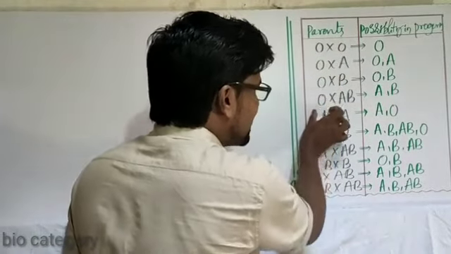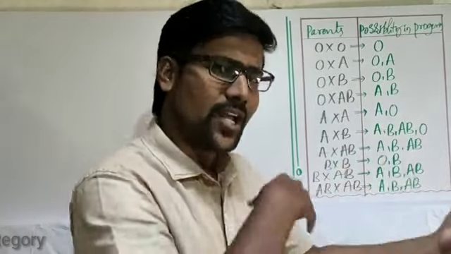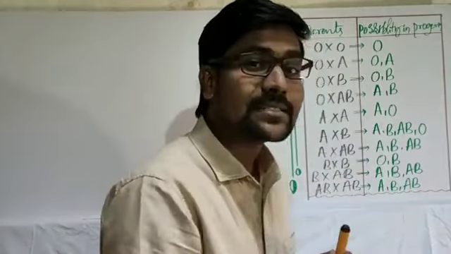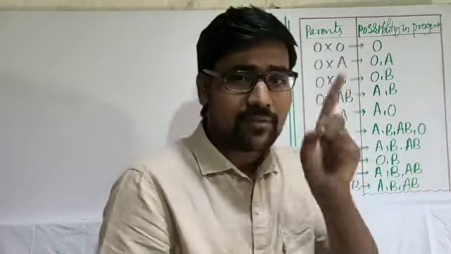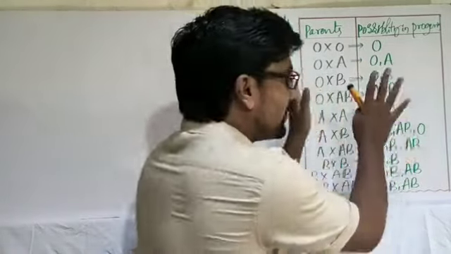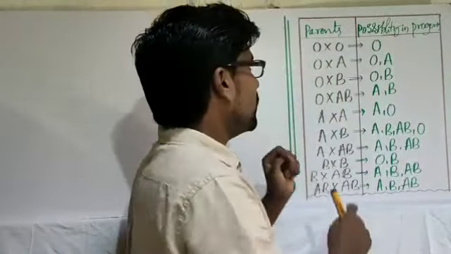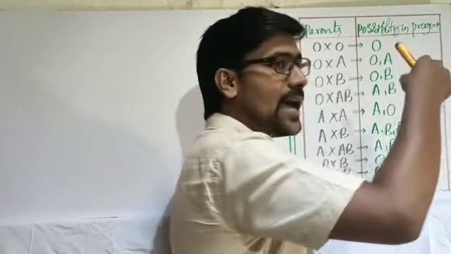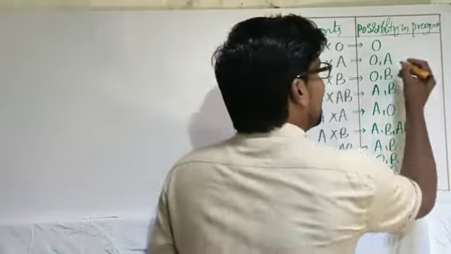Let me consider this side as mother and this side as father, for our convenience. Mother's blood group is O and father's blood group is A. A means either homozygous or heterozygous, while O is always homozygous. Since both possibilities exist, for this table I am considering heterozygous A. Now mother is O and father is A, then the progenies will have either O or A, and the probability is 50-50%.